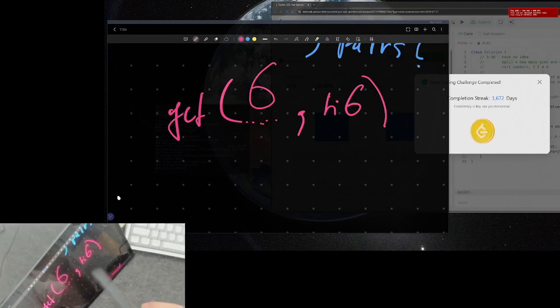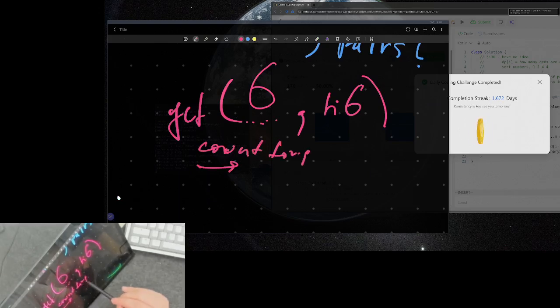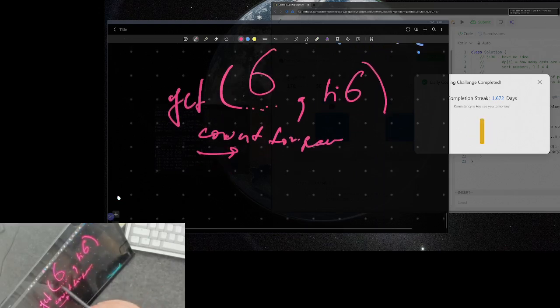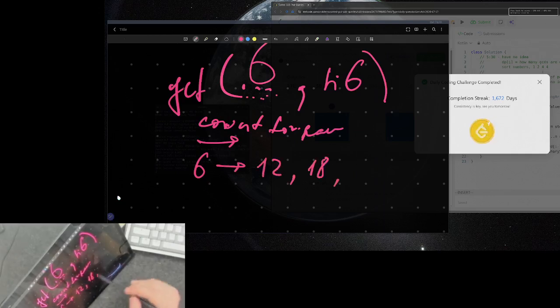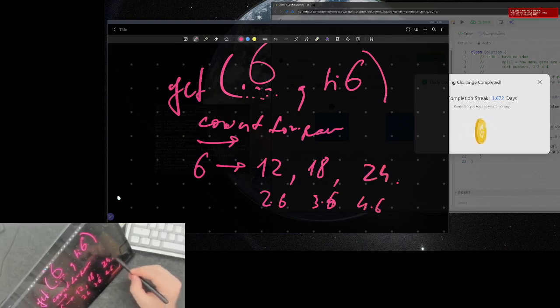That means we can just go through the multipliers, counting forward. If the GCD is the greatest common divisor, the numbers form the following: 12, 18, and so on. So this is 2 times 6, this is 3 times 6, this is 4 times 6, and so on.